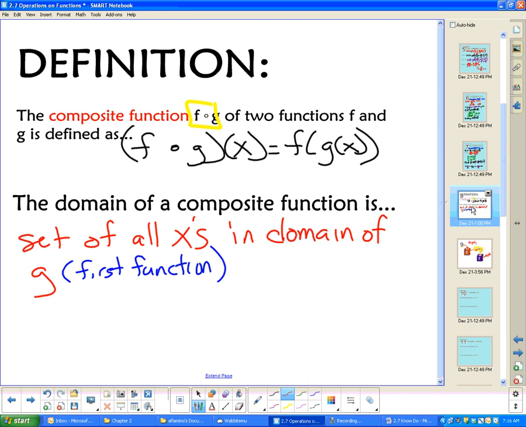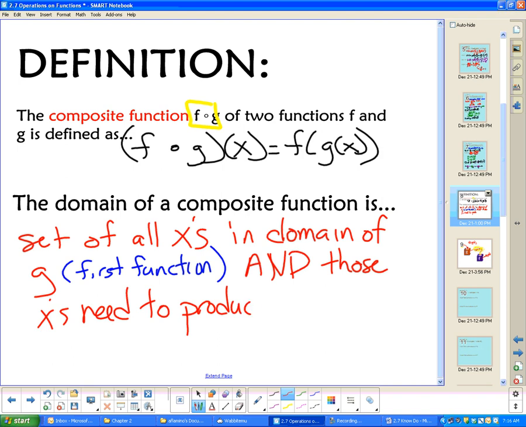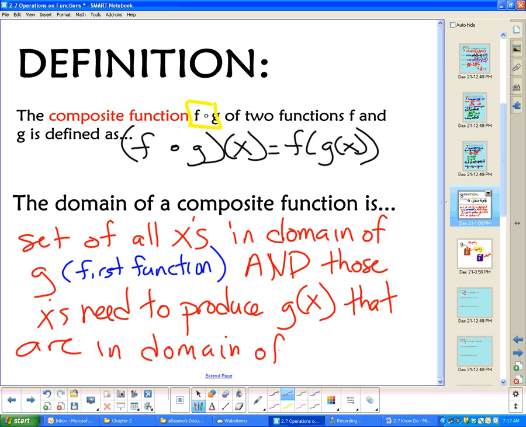But then there's an and here. And those x's need to produce results that are in the domain of f.